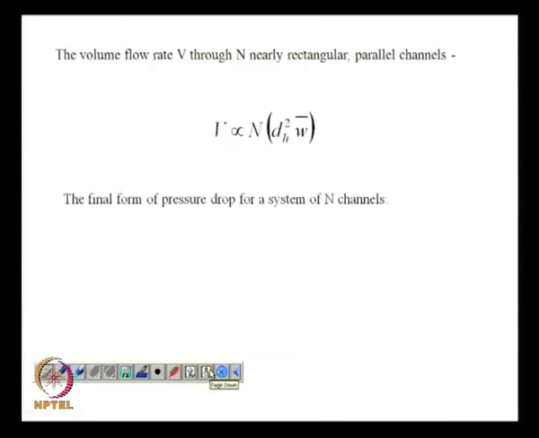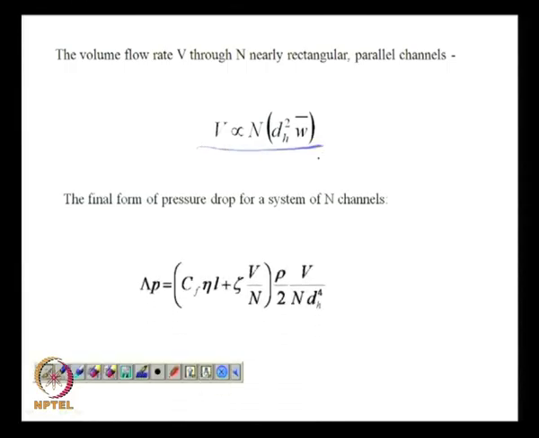If you have n number of rectangular parallel channels, then the volumetric flow through such channels is going to be proportional to dH squared, which is the flow area, times W bar, the velocity. This is essentially proportional to the volumetric flow rate; multiply that with n and you get the total volumetric flow rate through a number of such channels connected in parallel.